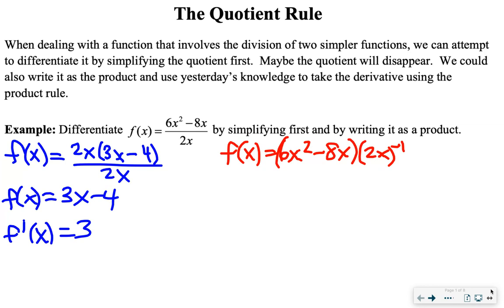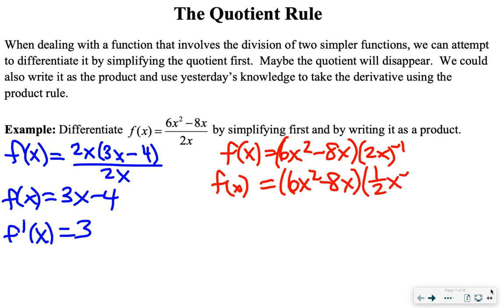Right, so if I just distribute the negative 1 in, my f of x is 6x squared minus 8x times 1/2 x to the negative 2.